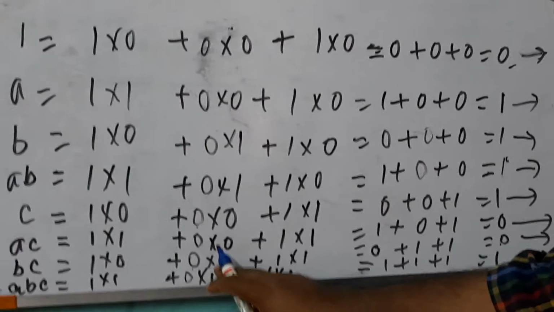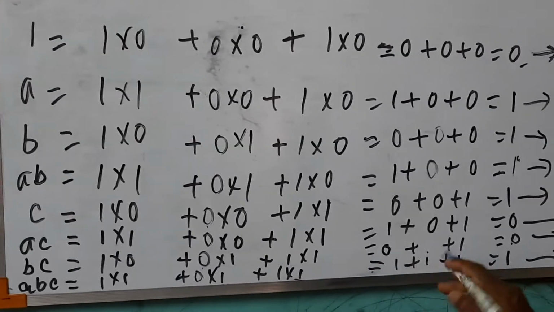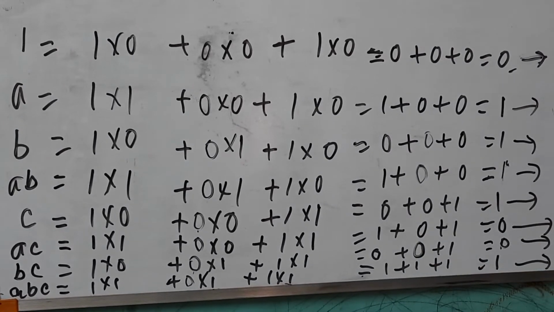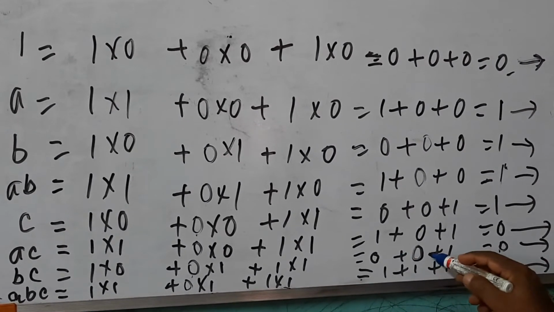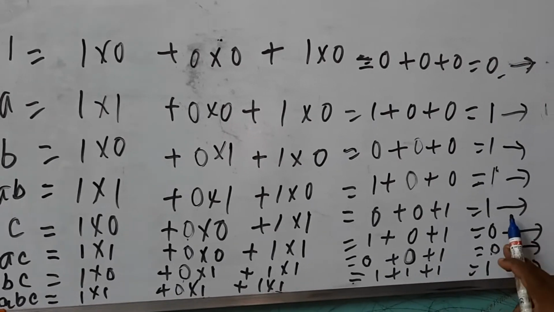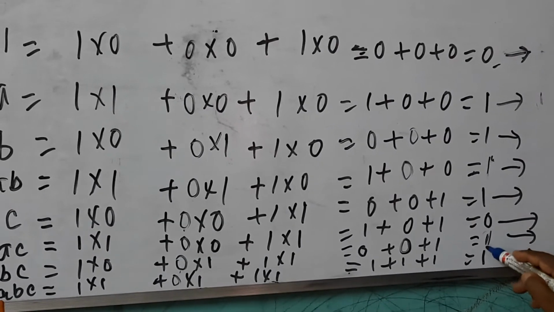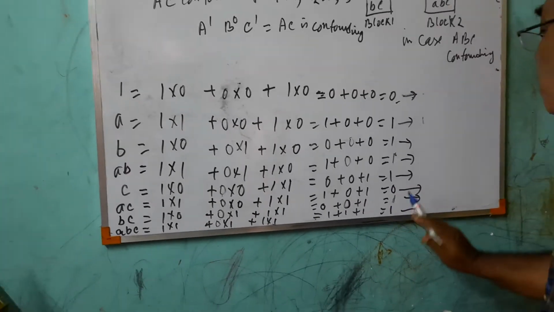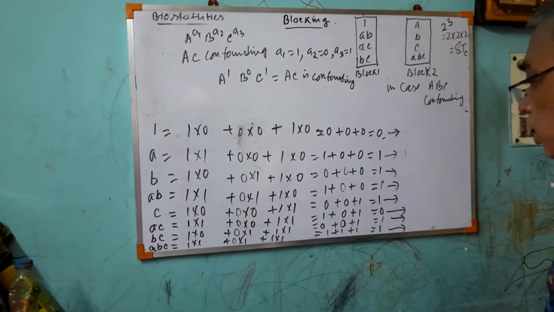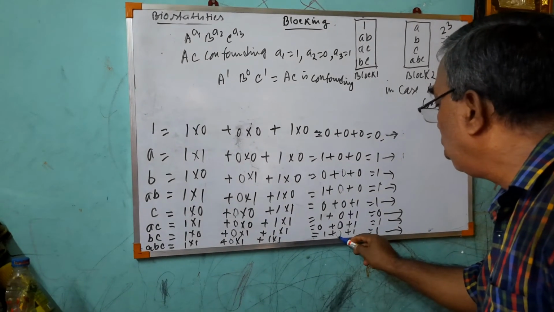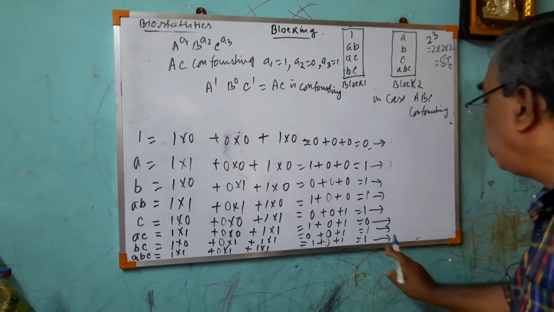Now BC, here will be 0, here will be 0. So 0 plus 0, 0 plus 1, it will be 1. Try to understand. And here it will be 0.